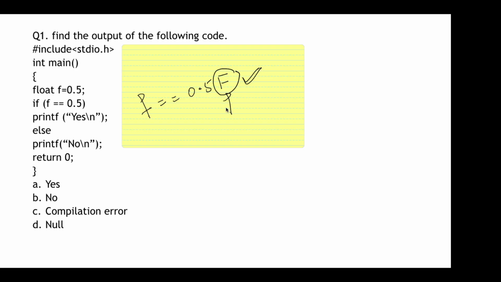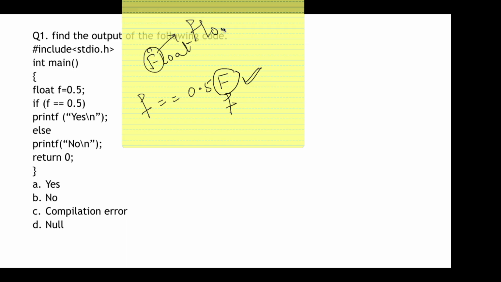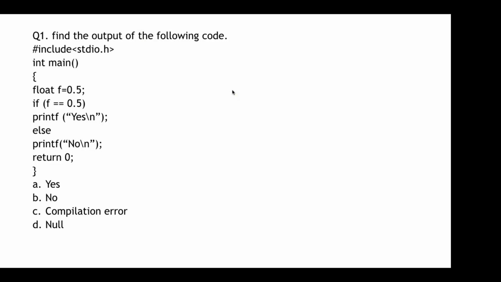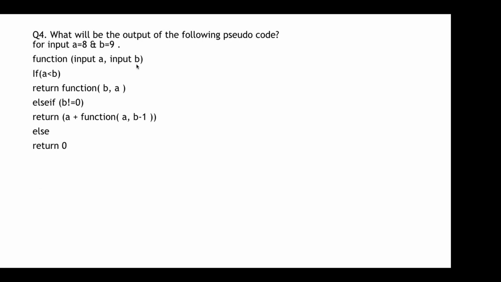It doesn't matter whether you write small f or capital F, but when you're writing the full word, that is float, this can't be in capital. It has to be in small. But when you're just writing f, then it can be capital F or small f. It is considered as a float value.